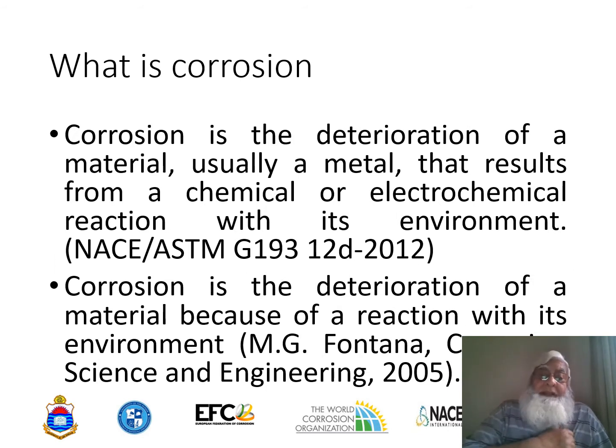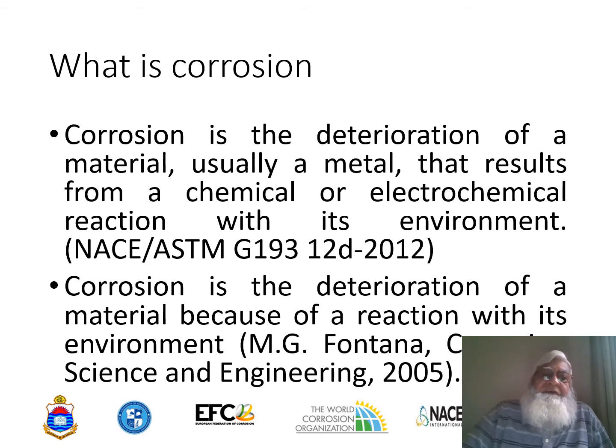What is corrosion? In fact, corrosion has been defined in many ways. Almost there are 13 definitions given by different authors. I have just taken two for your information. Corrosion is the deterioration of a material, usually metal, that results from a chemical or electrochemical reaction with its environment.